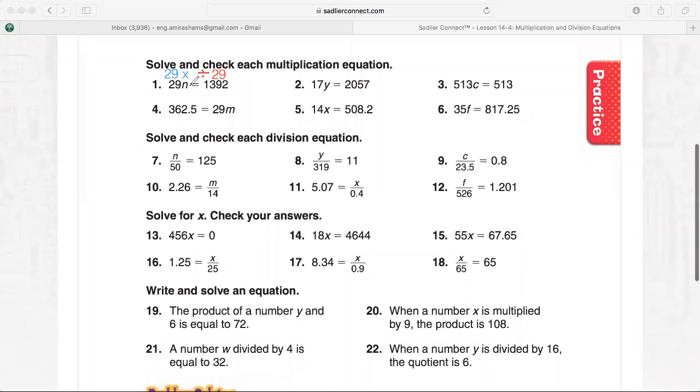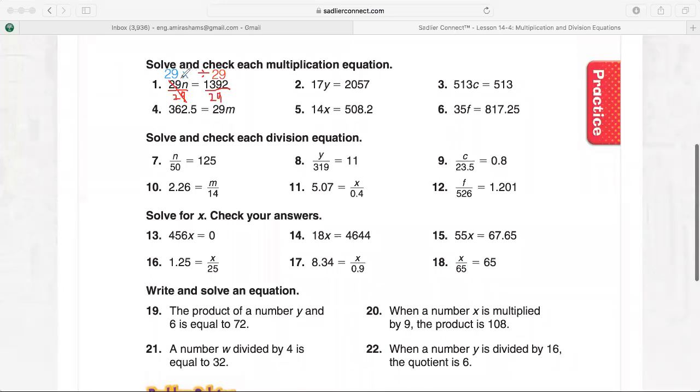So I'm going to divide by 29. I will divide this number by 29, and I will divide this number by 29. On this side, 29 and 29, they cancel each other. I have 29 in the numerator and 29 in the denominator.